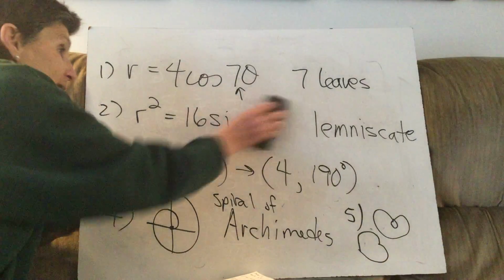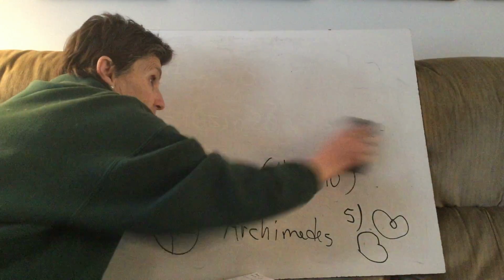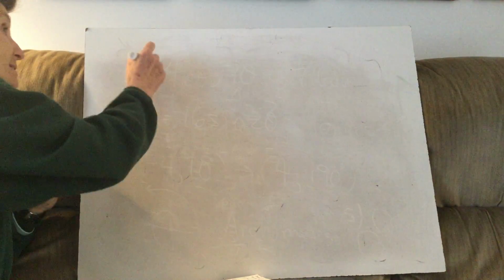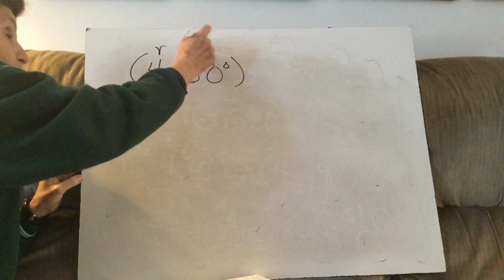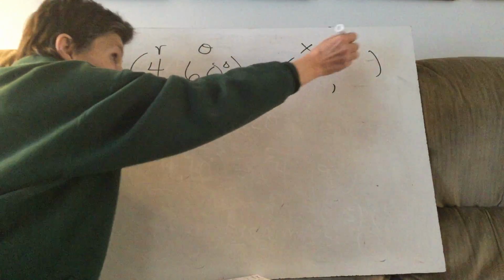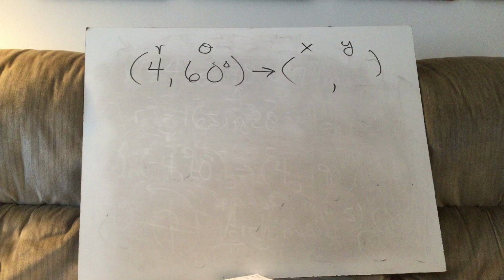And then the last question says find rectangular coordinates for (4, 60). So these are polar coordinates, and we're going to change these into rectangular coordinates, which means we have to find x and y.